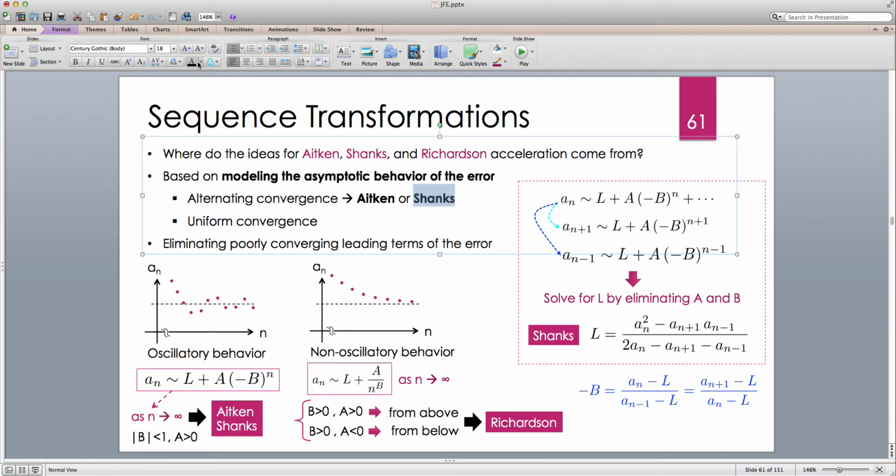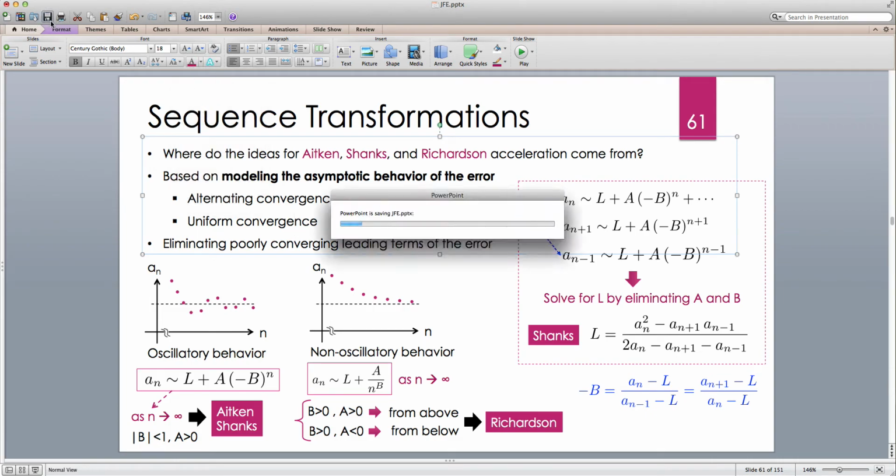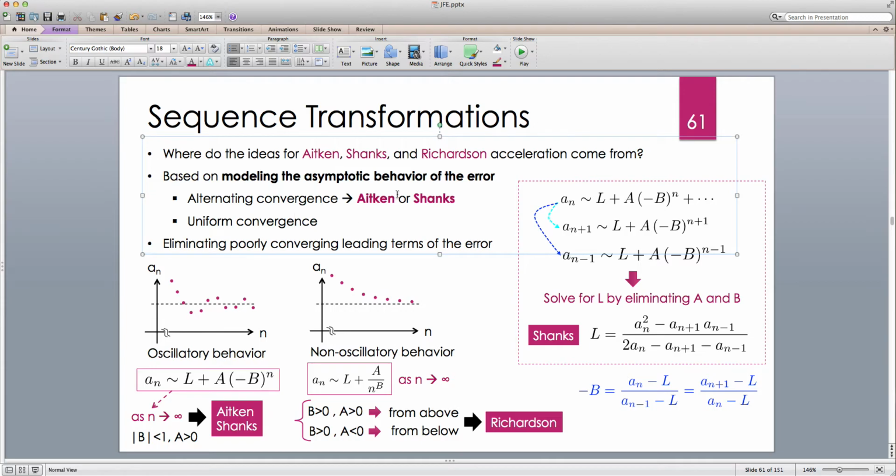Because typically in physics or in engineering problems, this type of sequence, if you try to estimate the behavior of the error, we have a sequence that is alternating around the limit. We know that it converges, and the terms of the sequence, as we increase n, alternate around the limit, but they are getting closer and closer. So this is like an oscillatory behavior.